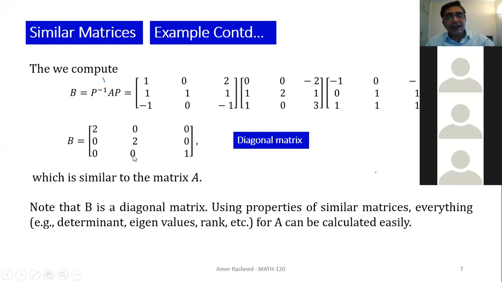So there exist eigenvalues and eigenvectors for this matrix B as well, because the eigenvalues and eigenvectors of two similar matrices must be the same. So B's eigenvalues will be the same as A's, and B's eigenvectors will be the same as A's. We have already discussed it. Okay? I hope you got this point and you understand it.